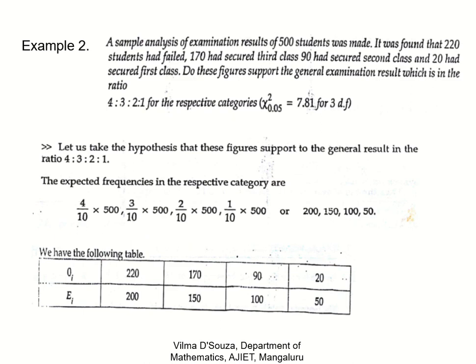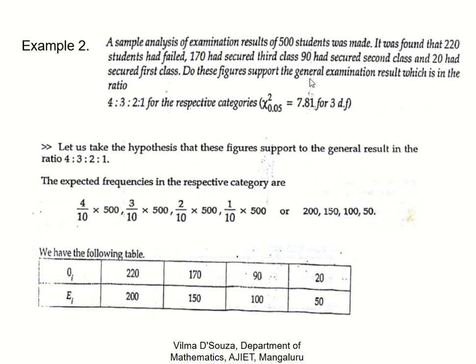So we will move on to the next problem. A sample analysis of examination results of 500 students was made. It was found that 220 students had failed, 170 had secured third class, 90 had secured second class, and 20 had secured first class.